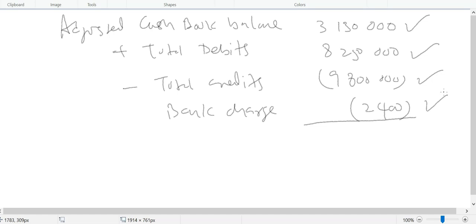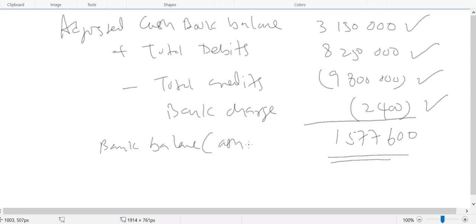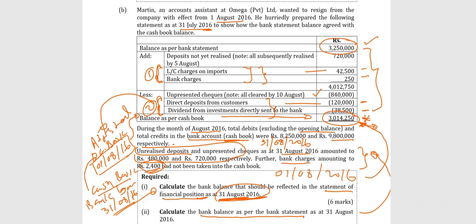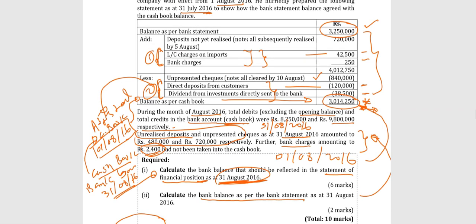So it will be 1,577,600. So this should be the bank balance as per cash book as of 31st August 2016. You got it? So that is the answer for the first part.